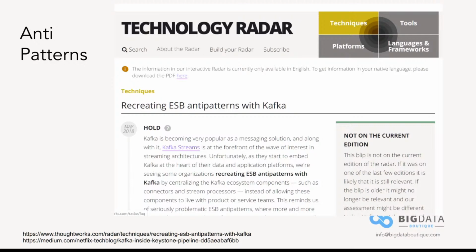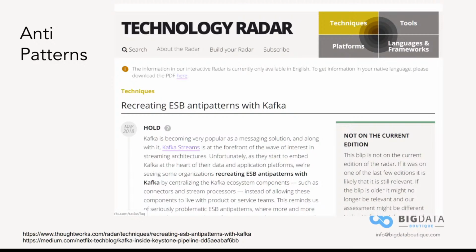So just try to avoid that. Try to keep things simple. Try to use the right tool for the right thing, and don't try to use Kafka as any other messaging platform. Just understand where Kafka is strong, when it isn't, and use it properly.